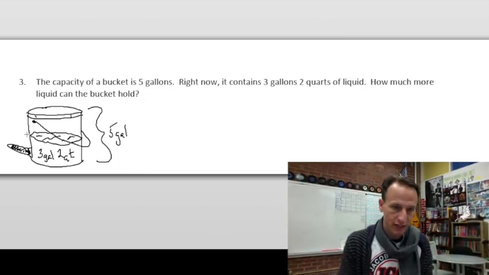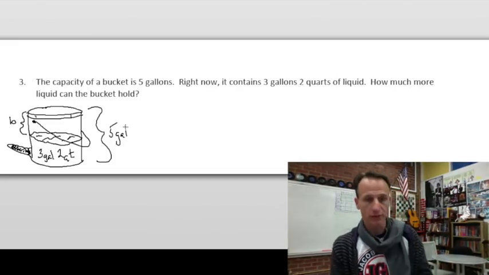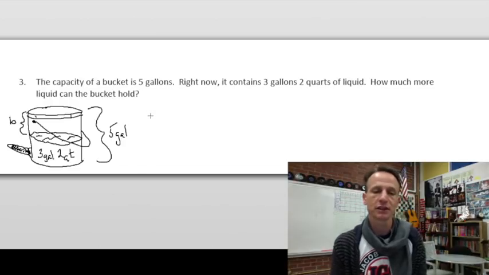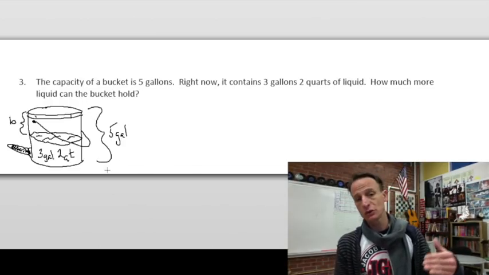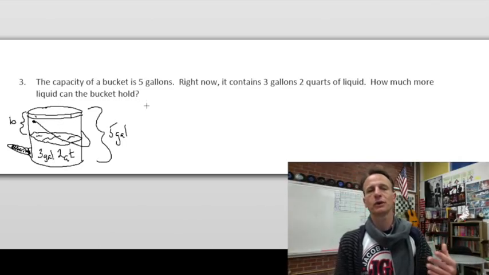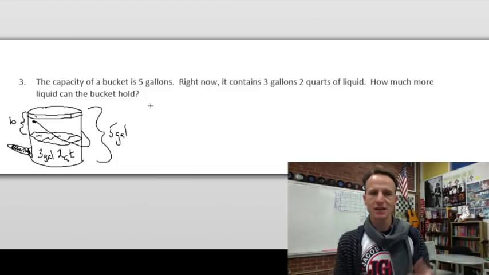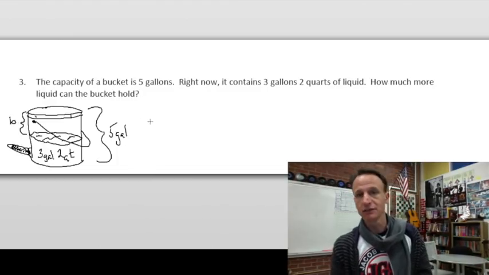So what we're trying to find is this part, and I'll put the bracket on this side. Let's call it B for bucket. I know sometimes they put a question mark, but we can put a shape even or anything. So we can see from this we have a known whole with a known part and an unknown part, which we know in our tape diagrams means we are, that's right, subtracting.